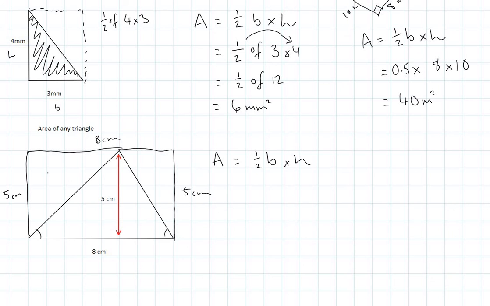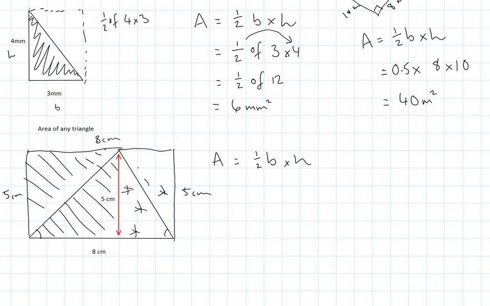But it's like we're halving that. It's like over here we've got, imagine, I'm trying to think how best to draw this. So like this and this, they're the same. And this and this, they're the same.